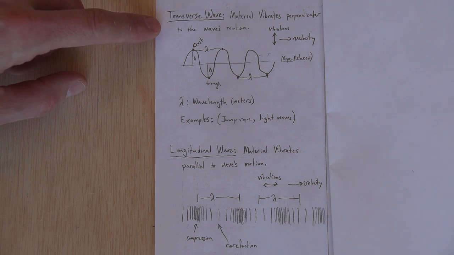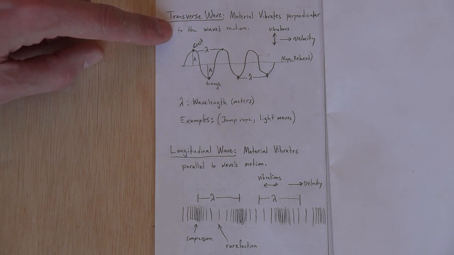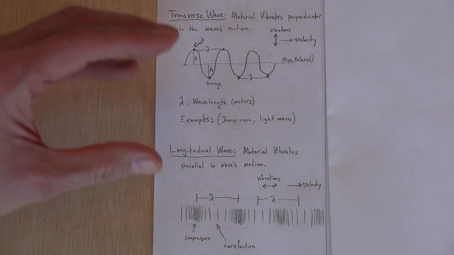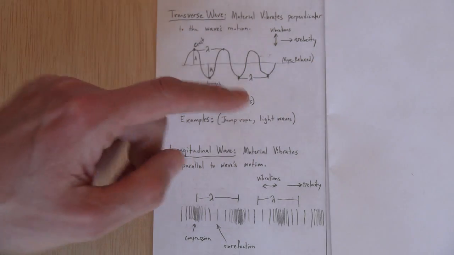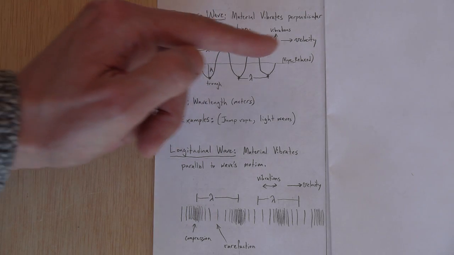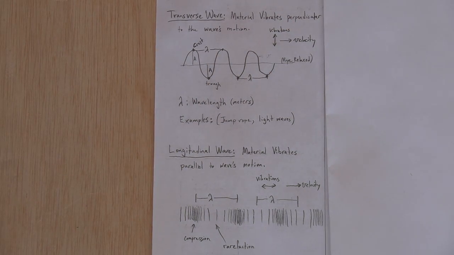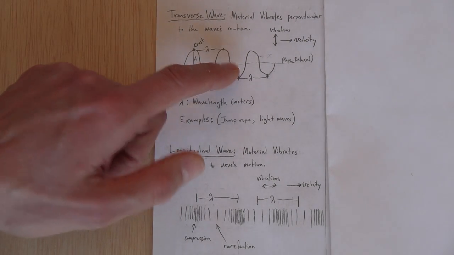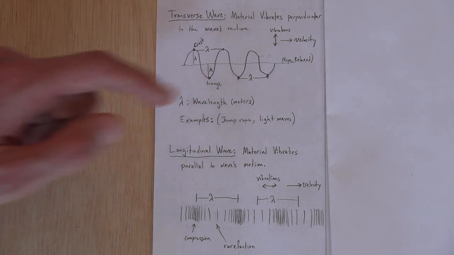In a transverse wave, the material vibrates perpendicular to the wave's motion. So if I shake a spring up and down and those vibrations move sideways, I have vibrations going up and down, and the velocity of the energy moving is to the right. That is what we call a transverse wave. Any particular coil anywhere in that spring just momentarily moves up and down.